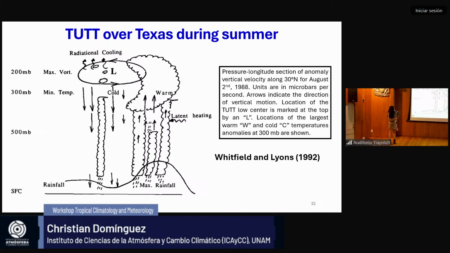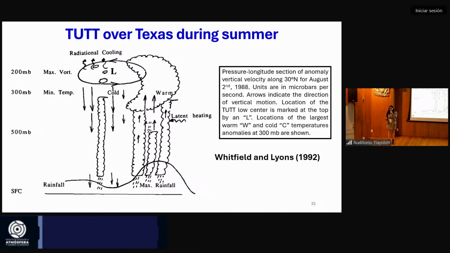But I think this is the main physical mechanism: some parts of the inverted trough can enhance convection and others inhibit the convection. That's the main mechanism that we proposed in this thesis. But of course, we need to analyze other variables to make sure that it's only through a dynamical aspect.